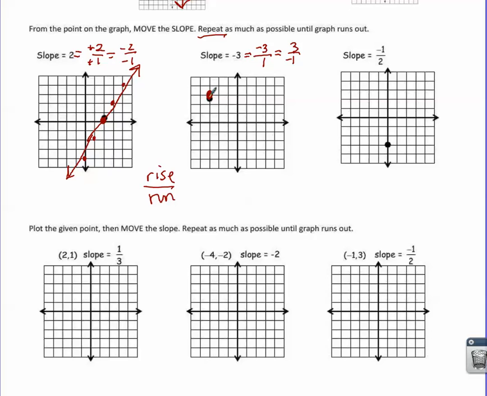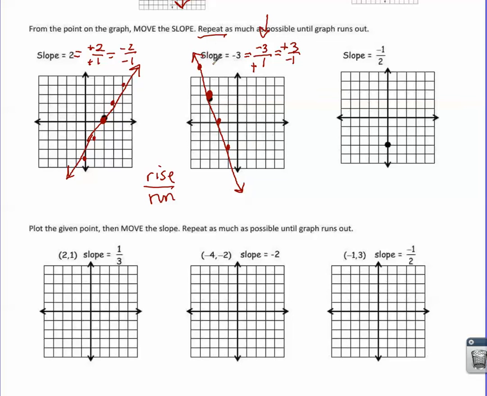So if I follow this example, I can go down 3, right 1, because this is a -3 over positive 1, or I could go up 3, left 1. And it creates a line.